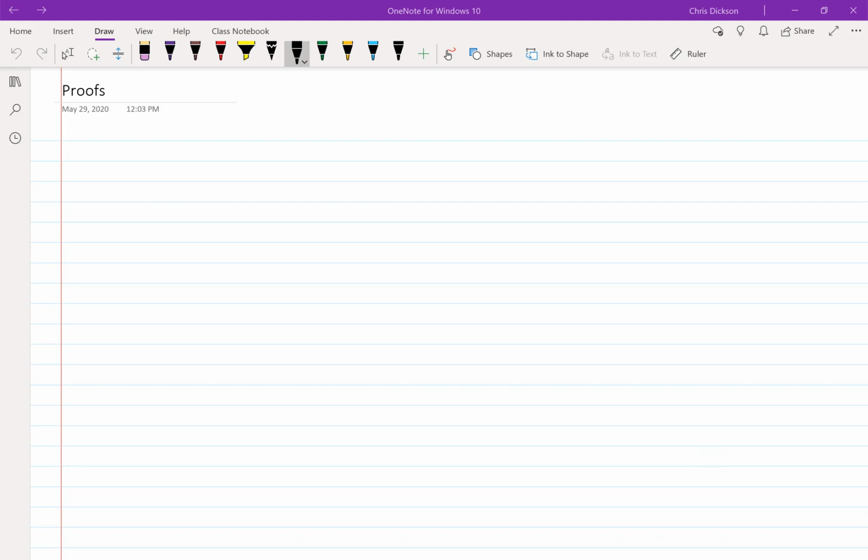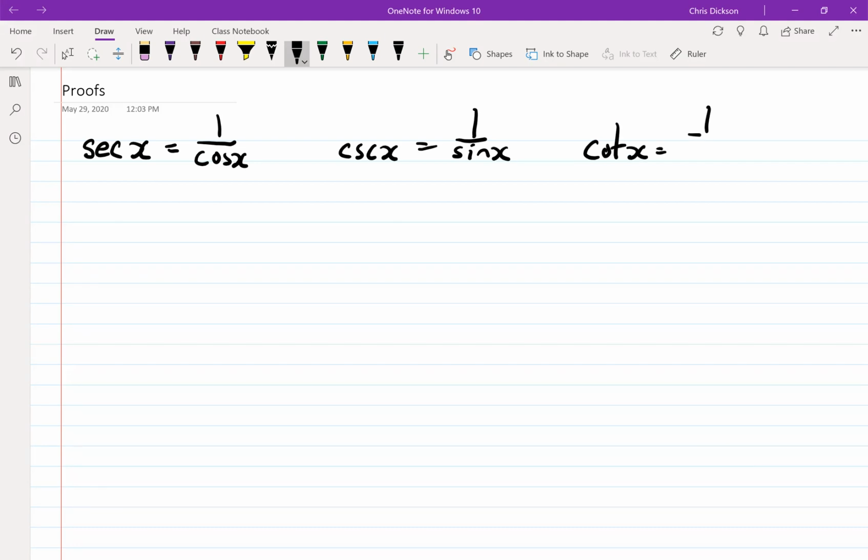So we talked about secant theta. I'm going to just call it secant x here. That's 1 over cos x. Cosecant x is equal to 1 over sine of x. Then we also talked about how cotangent of x is equal to 1 over tangent of x.